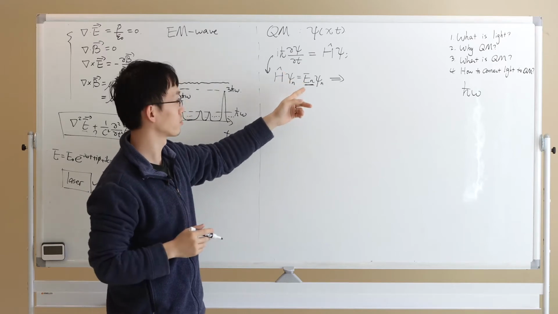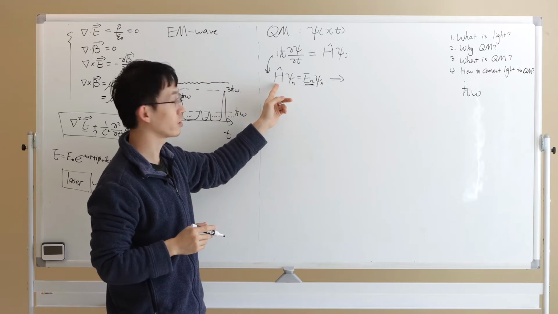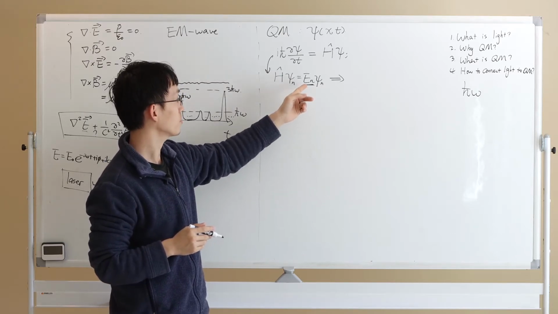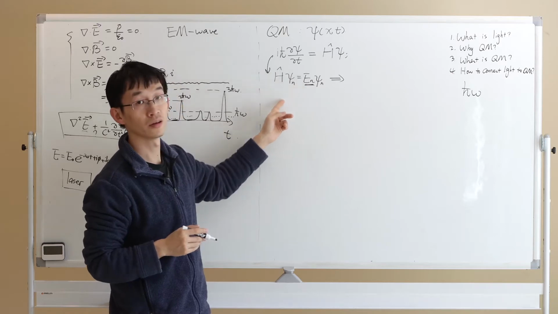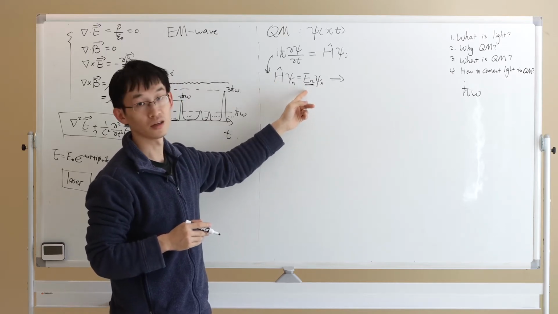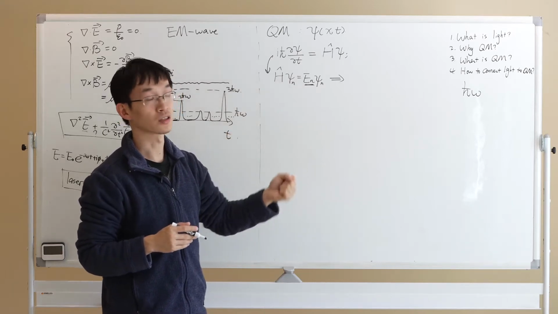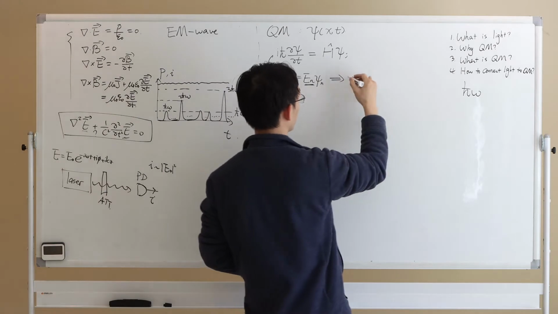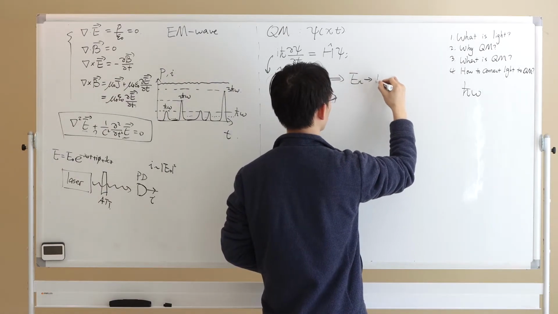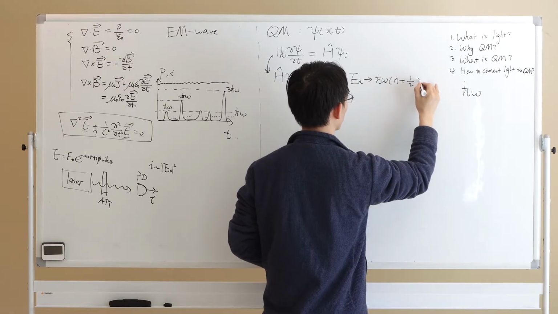There's a theorem in quantum mechanics: because the Hamiltonian represents energy, the eigenvalues of the Hamiltonian operator are all the possible energies you can measure in an experiment. This way you will get En equals h bar omega times n plus 1/2.